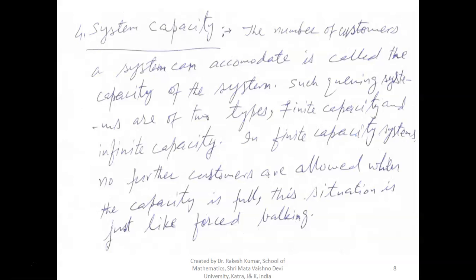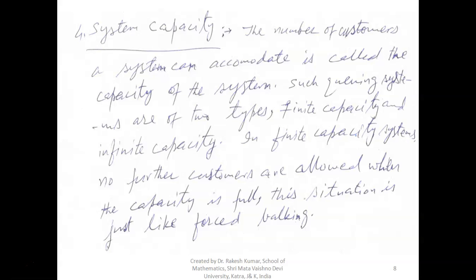Most of the systems in our practical real life are finite capacity queuing systems, although there are cases where we find no restriction on the number of customers in the system, for example open grocery shops, malls, supermarkets, government hospitals, etc. There is no limit on the number of customers. Those are known as infinite capacity queuing systems.